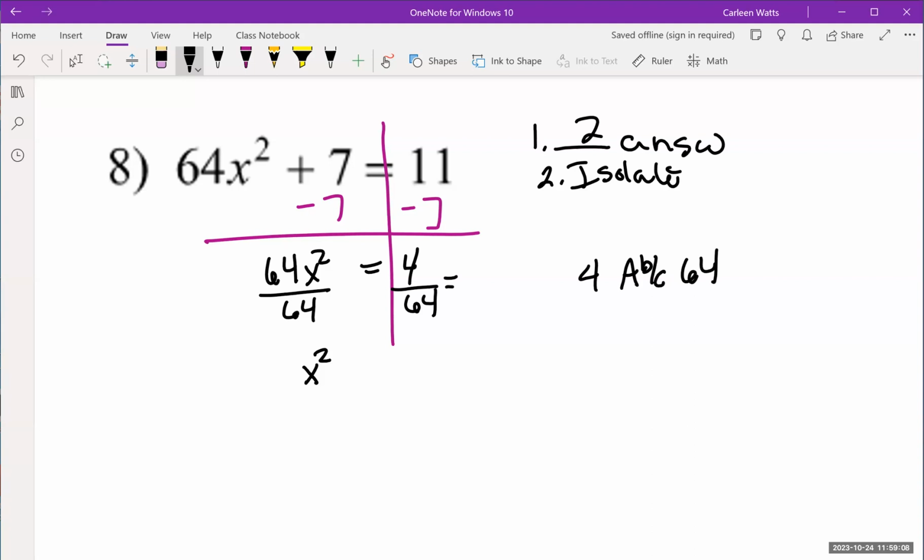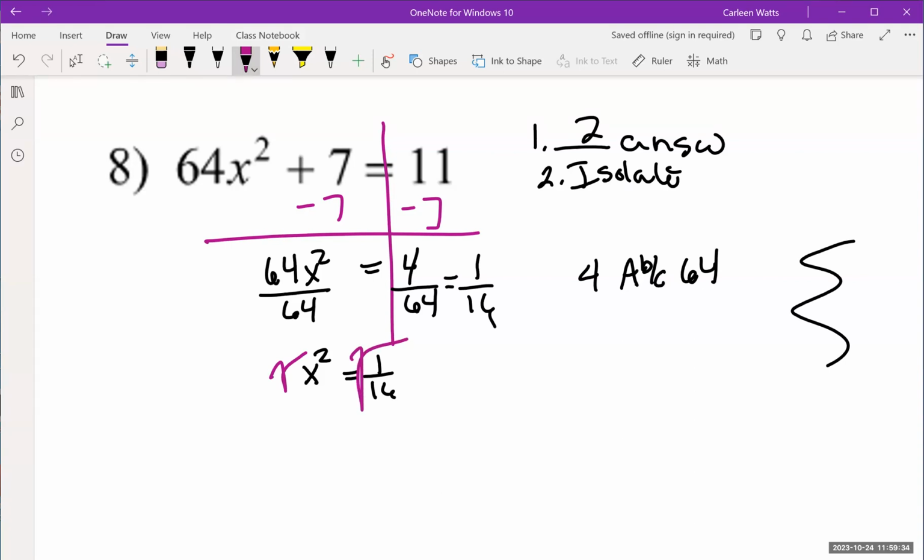Okay. Next step. How can I cancel an x squared? By, actually, square root.